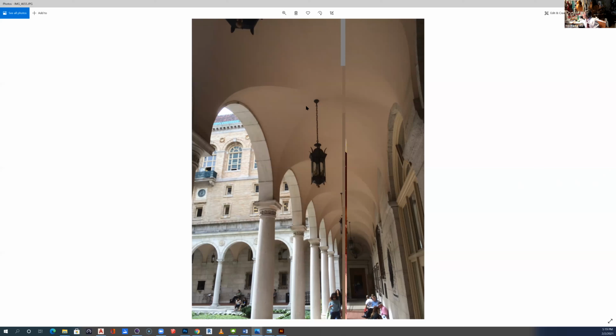The crossbow rises up to the middle, the midpoint between the two.